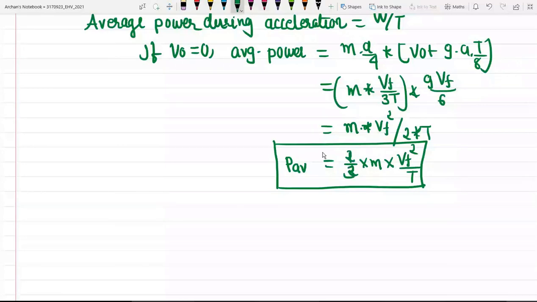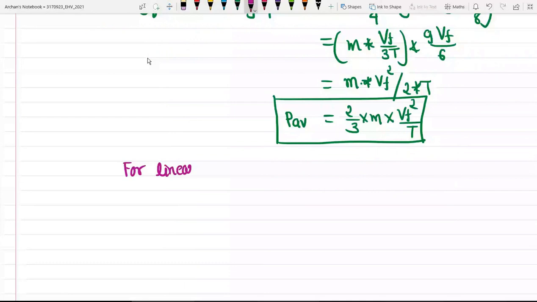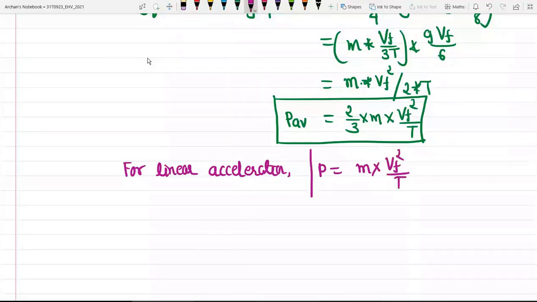Factor should be 2 by 3. 2 by 3 M Vf square by T. And for linear acceleration, the average power required P is equal to M into Vf square by T. So you can see the difference now.